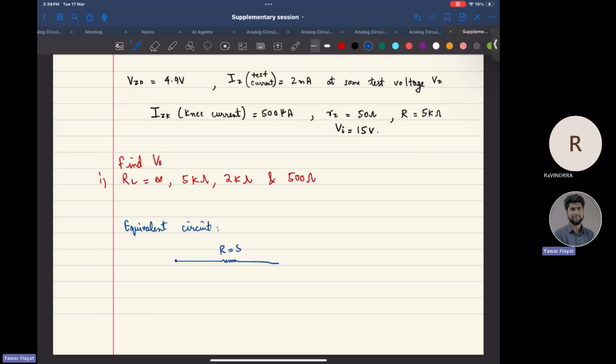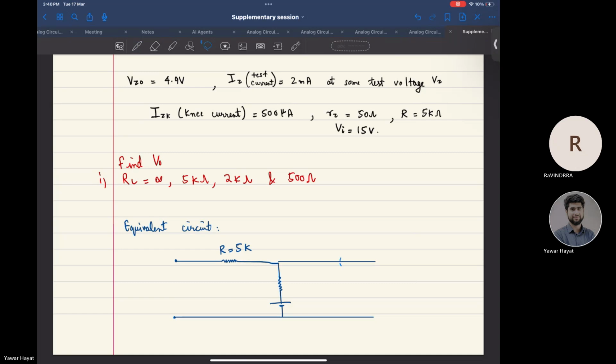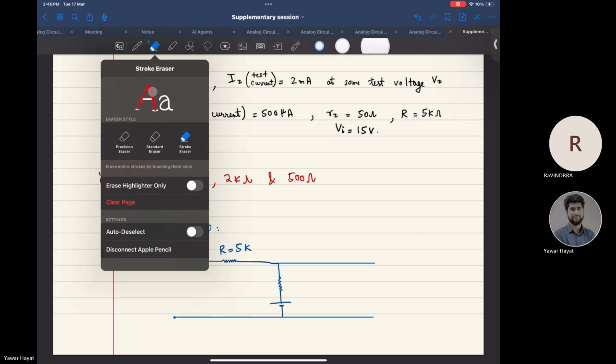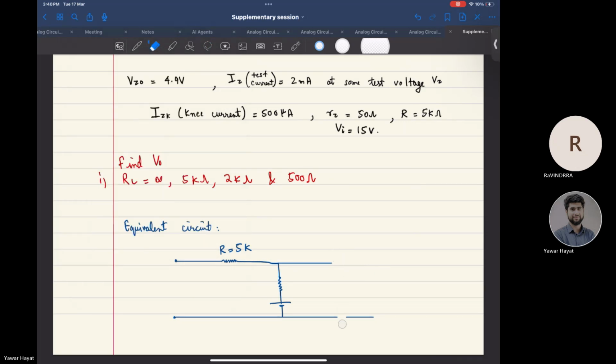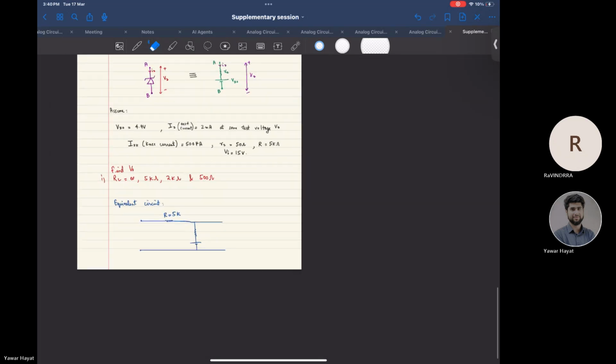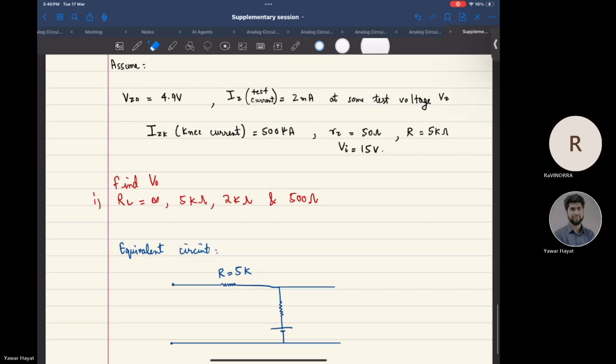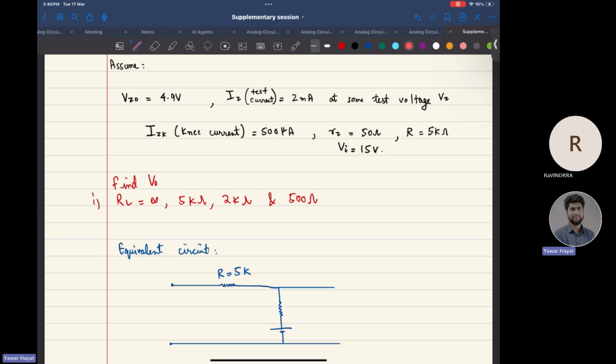This is R, which is 5 kilo ohm. Then you have a battery, and suppose you are having a resistor here.